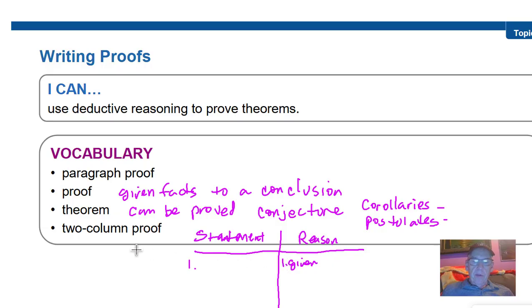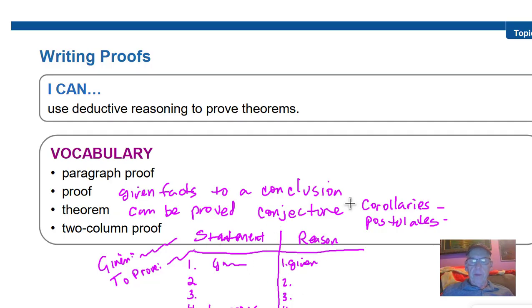So we'll be given some information, and we're going to be asked to prove something. So our given would normally go here, and then we have to logically reason to our conclusion, and our to prove should normally be the last step in the proof.